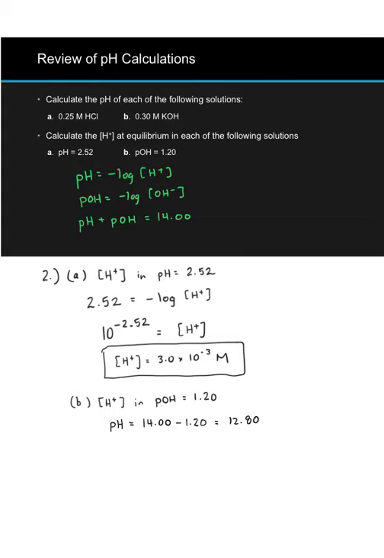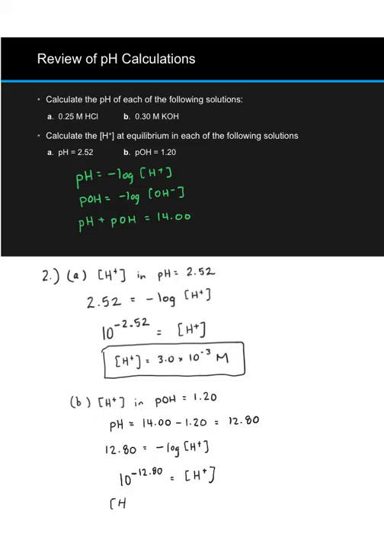And now we can take advantage of that first equation up above. The pH, 12.80, is equal to the negative log of the concentration of H+ cations. Once more, we've got to move a negative sign over to the opposite side and raise 10 to the power of both sides, so that the H+ concentration is equal to 10 to the negative 12.8.